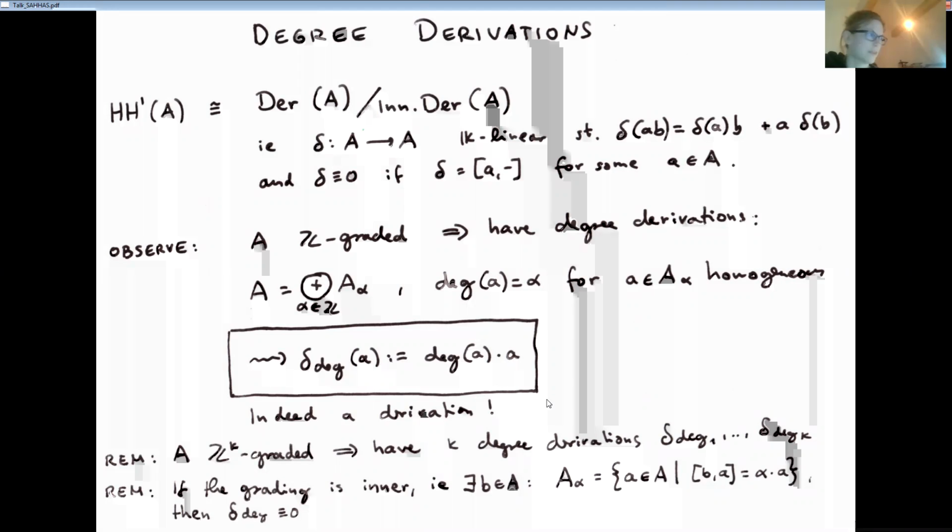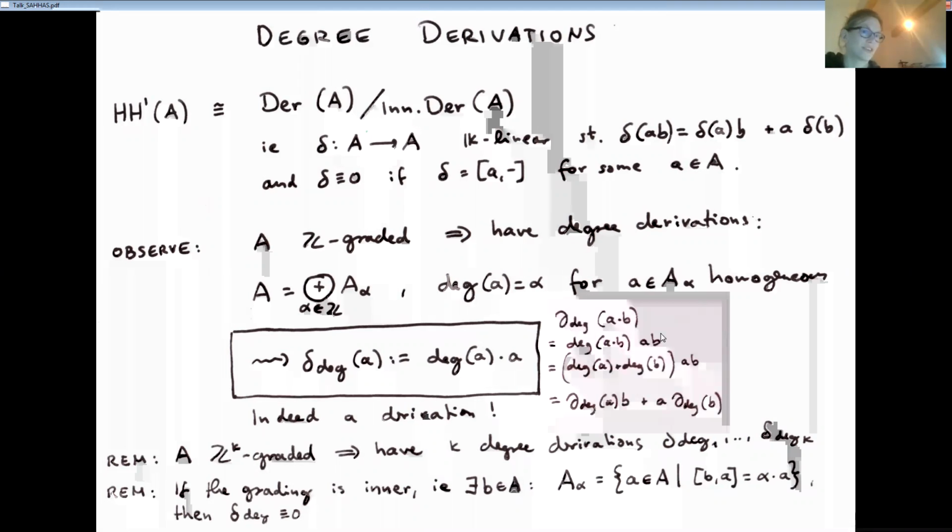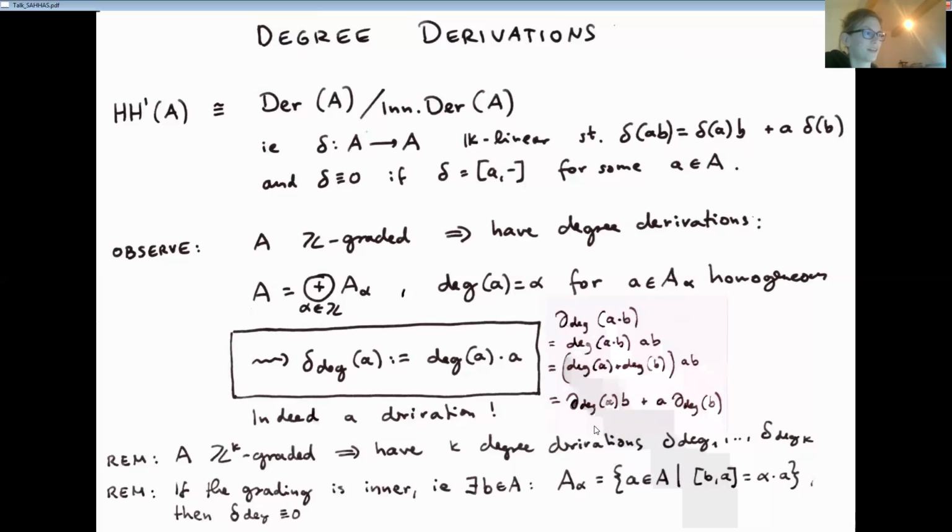And this is indeed a derivation, as a short computation shows, and it's this additivity of the degree that matches the addition in the product rule, because if we evaluate what's happening on a product, what we get is really the sum of the two degrees, and this is the same as required by the product rule.